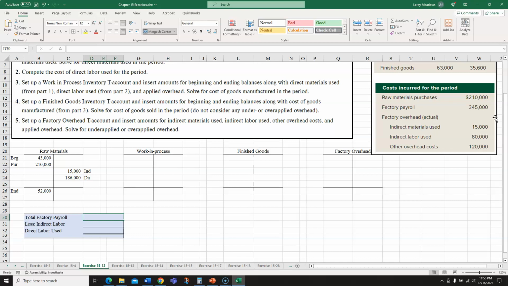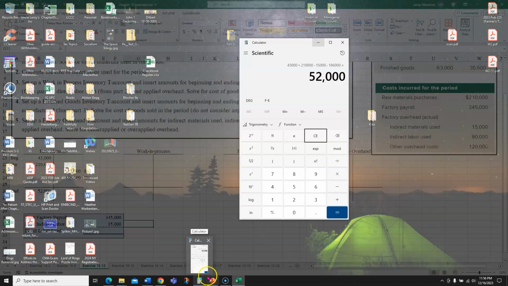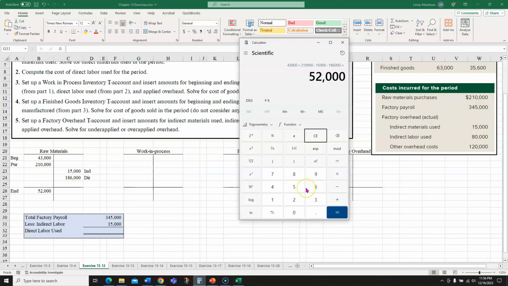So from that, I'm going to take my 345,000 minus my indirect labor, and how much was that? $15,000. I'm sorry, that was $80,000.